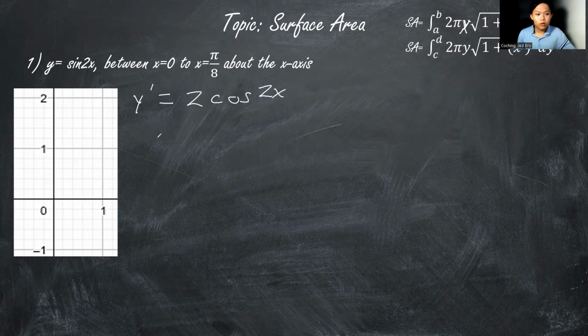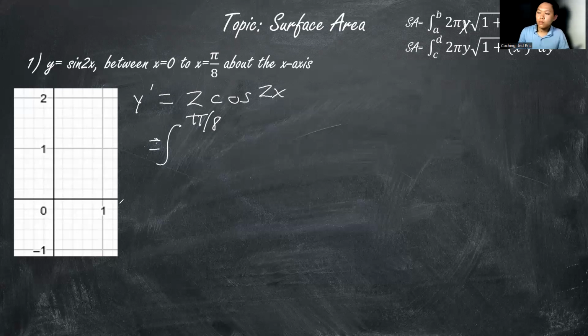So b is pi divided by 8. Wait, I forgot.